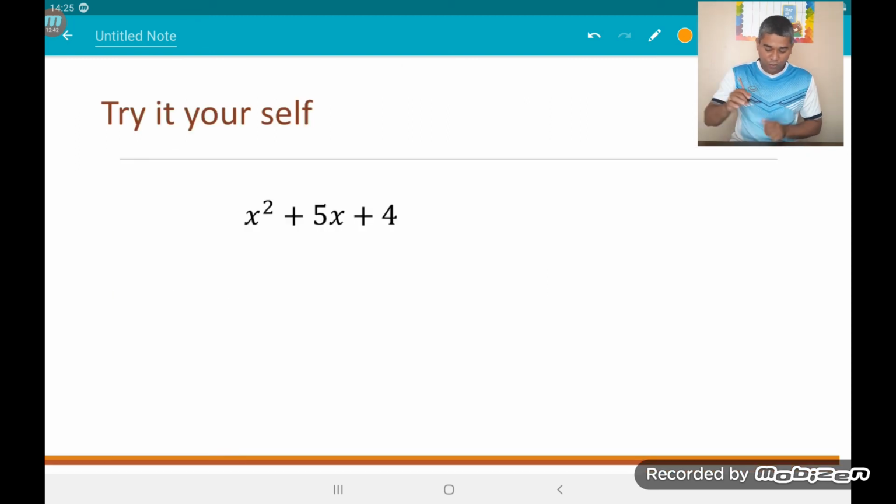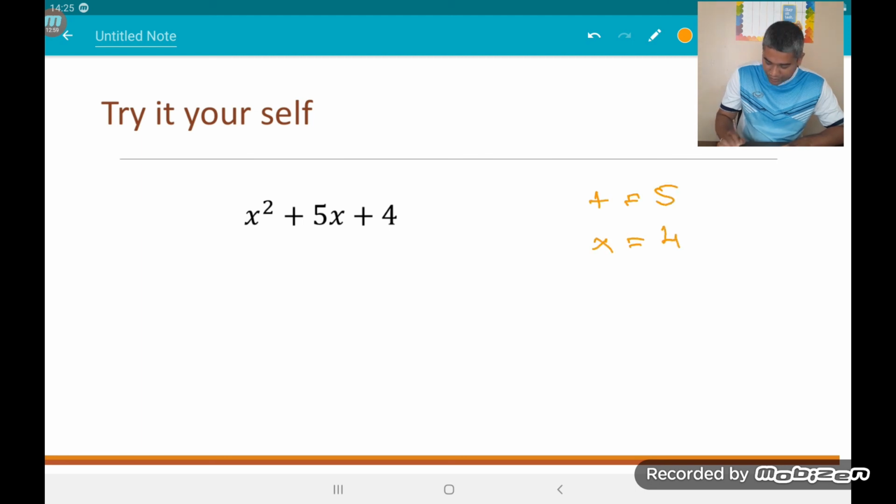Now we have one question. Can you do it yourself? Did you get the answer for this one? So the sum should be 5 and the product should be 4. So what are the numbers? The numbers are positive 1 and positive 4.